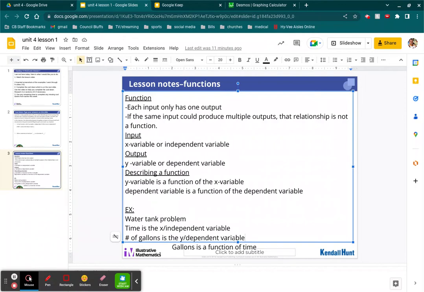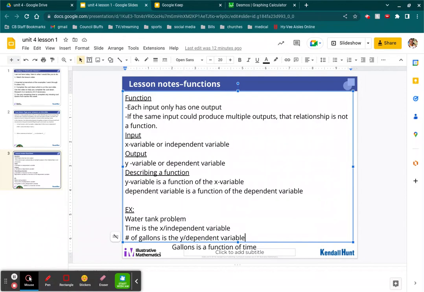I have an example. You might remember way back at the beginning of Unit 2, we did the water tank problem where we were filling the water tank, and then we also did a problem where we were draining a water tank. In that problem, the time was the x, or the independent variable, and the amount of gallons in the tank was the y, or dependent variable.